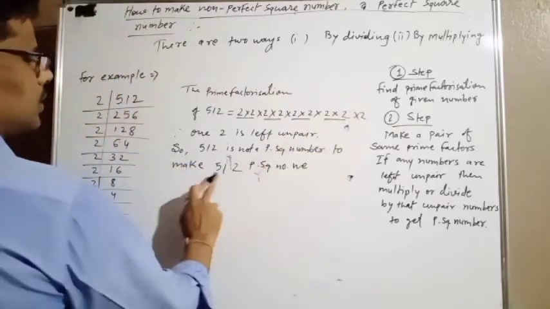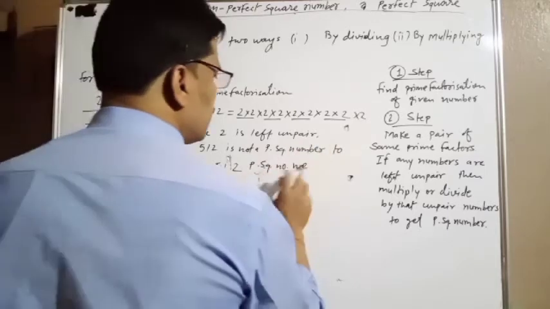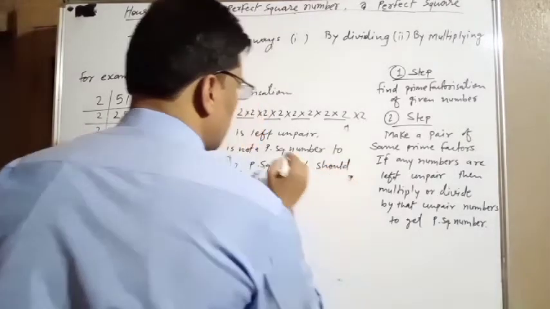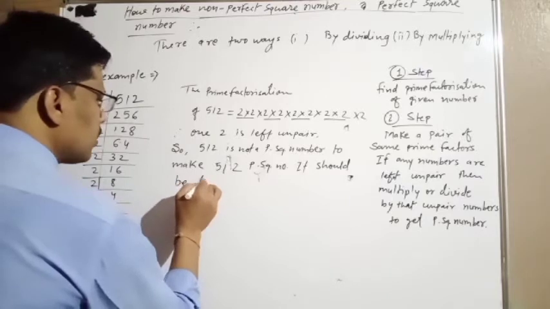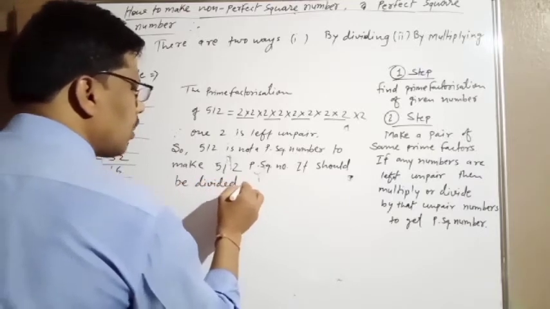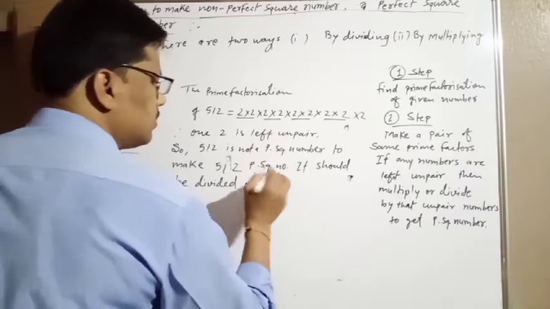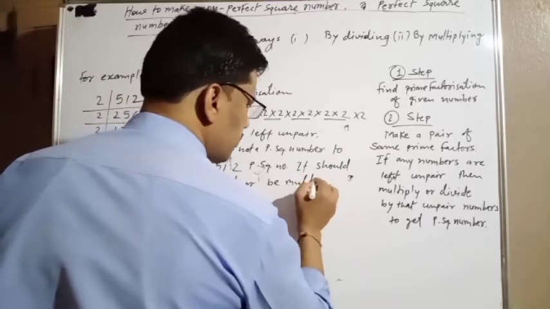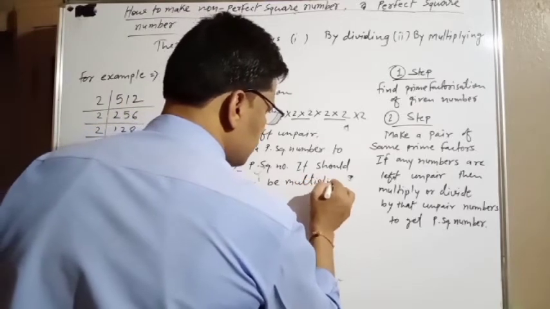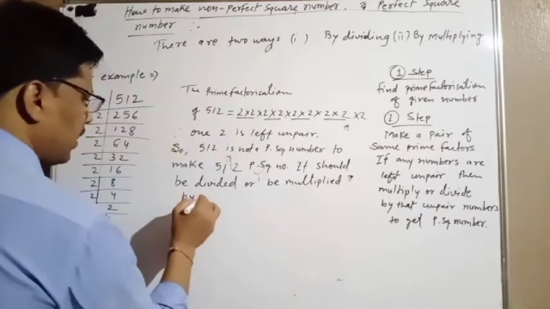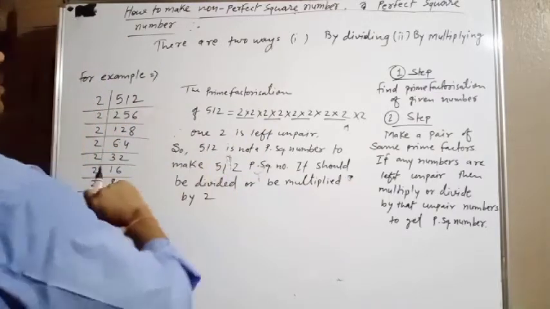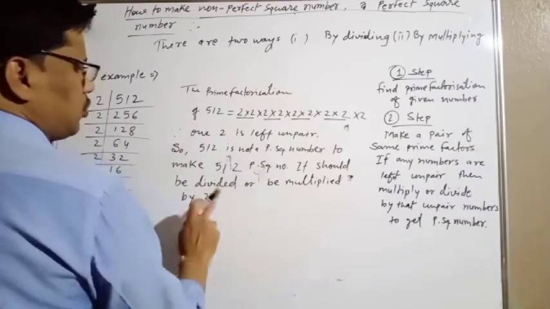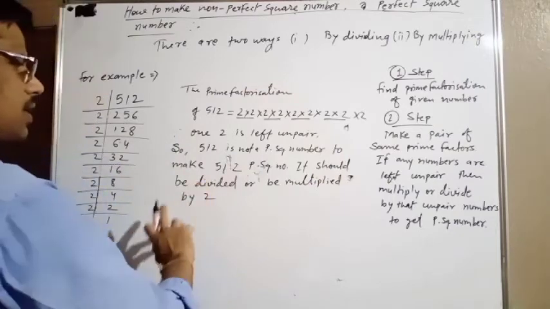Okay, to make 512 a perfect square number, it should be divided or multiplied, okay, multiplied by 2. Suppose I want to make this 512 a perfect square number by multiplying, so you can multiply. If you want to divide, you can divide. In both conditions it works.